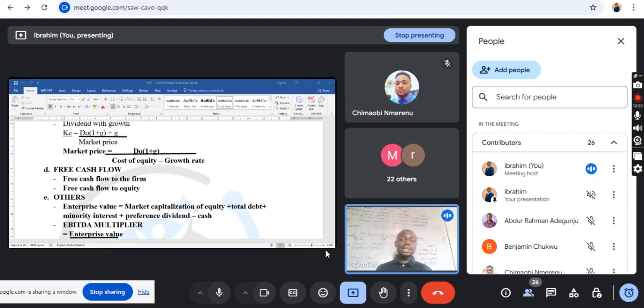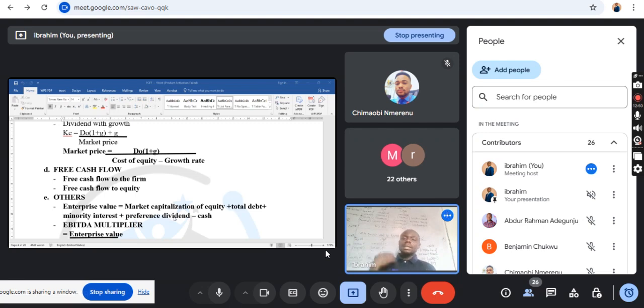Enterprise value. When you want to determine the total value of a business, you can use enterprise value. It's the way we do it when you are doing a valuation of a business, even in real life. The market capitalization plus the total debt minus the minority interest plus the preference dividend minus cash, you have the value of the business. So we have EBITDA multiplier as well.